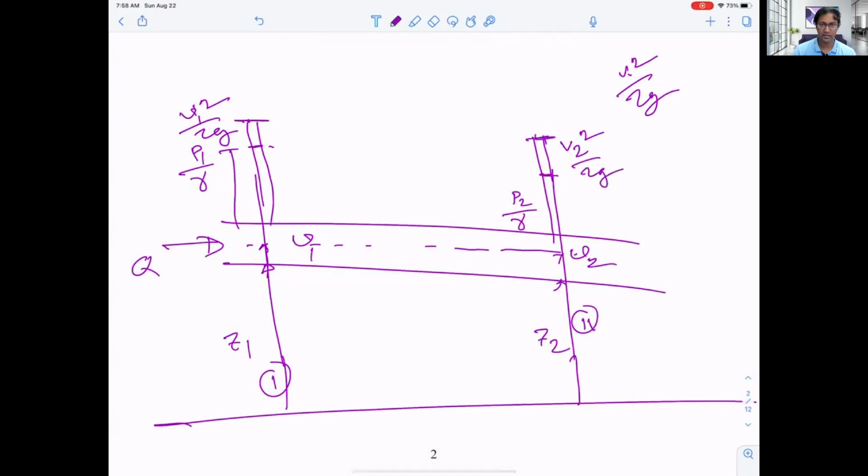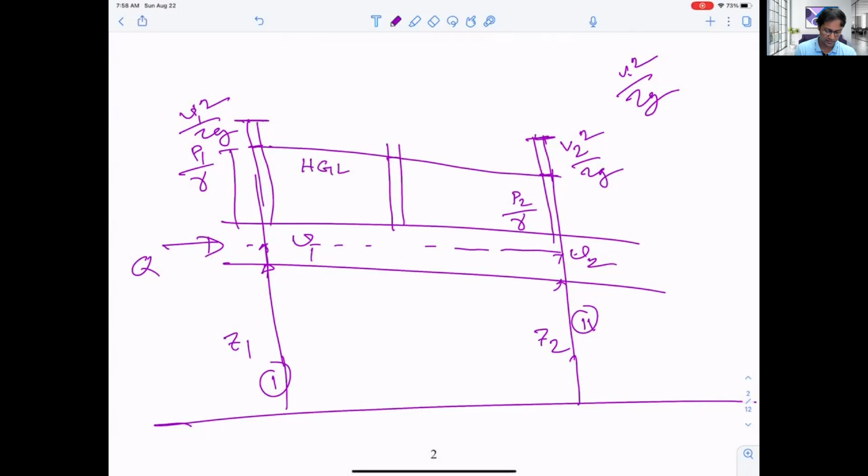It is not the tube, it is the energy line. Then if we insert even multiple points, we'll have another location. If we add this piezometric level, then we'll have a line. This line, we call it hydraulic grade line, HGL.